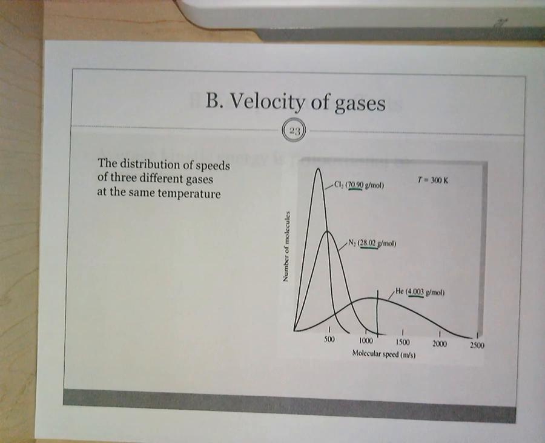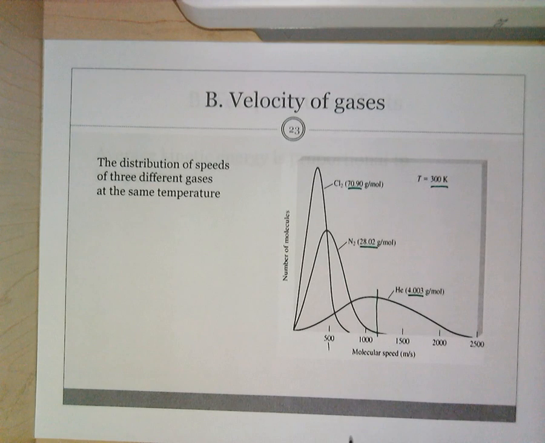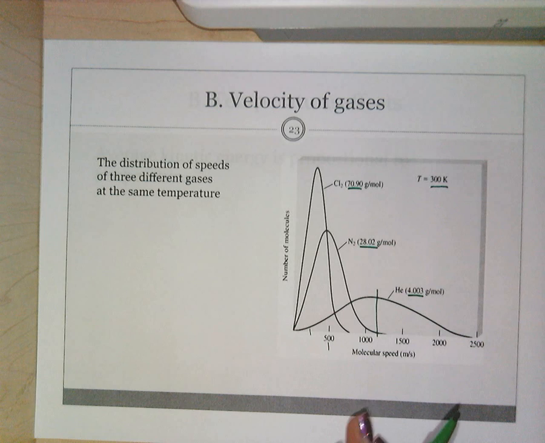Pretty fast. This is at 300 Kelvin, a little over room temperature. Nitrogen has a speed of about 500 meters per second, and chlorine's the heaviest, so it's the slowest, if you want to call 250 meters a second slow. But on the scale, it is the slowest of the three. Right, just like you did in pre-lab.